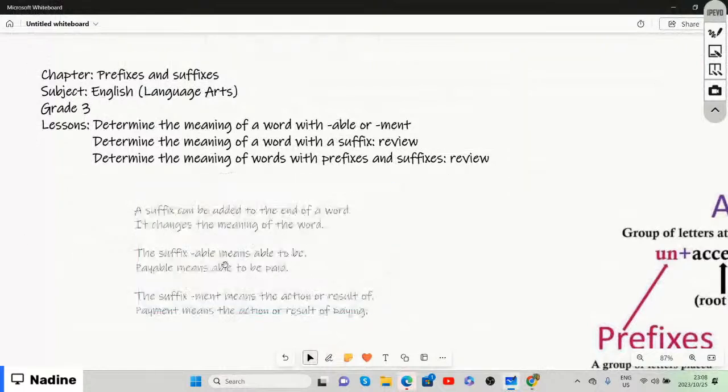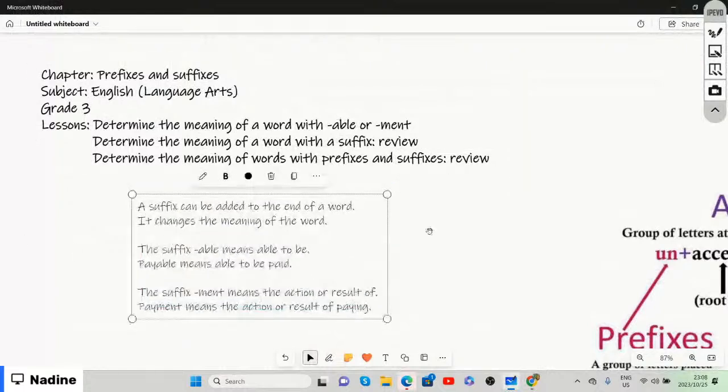All right. So once again, a suffix is a word part that can be added to the end of a word.